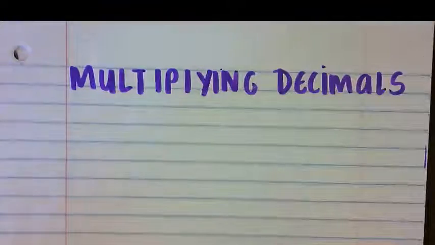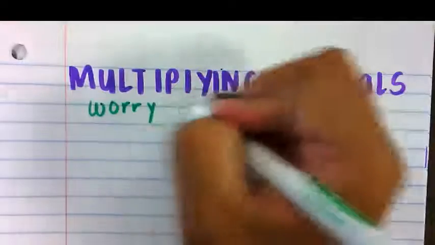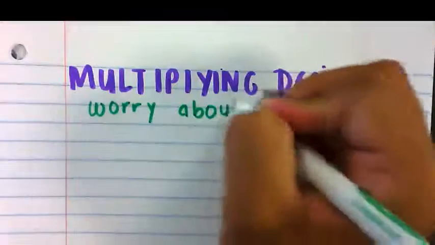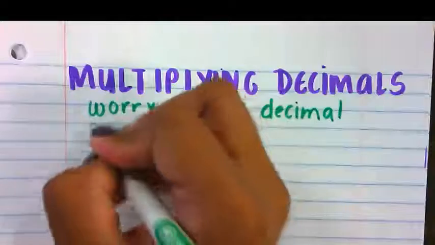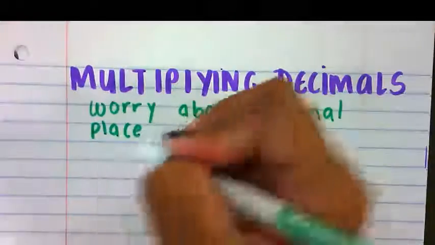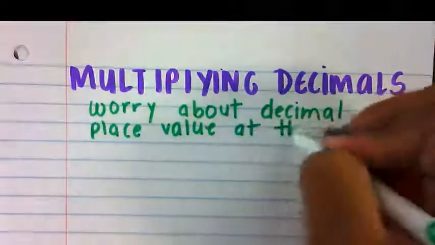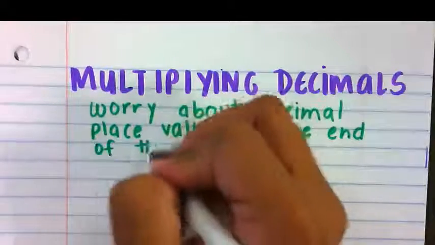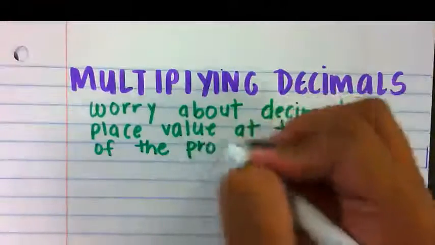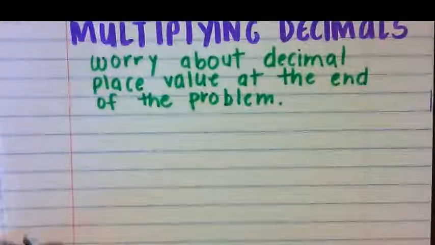So the rule here is to worry about decimal place value at the end of the problem. So let's do it.